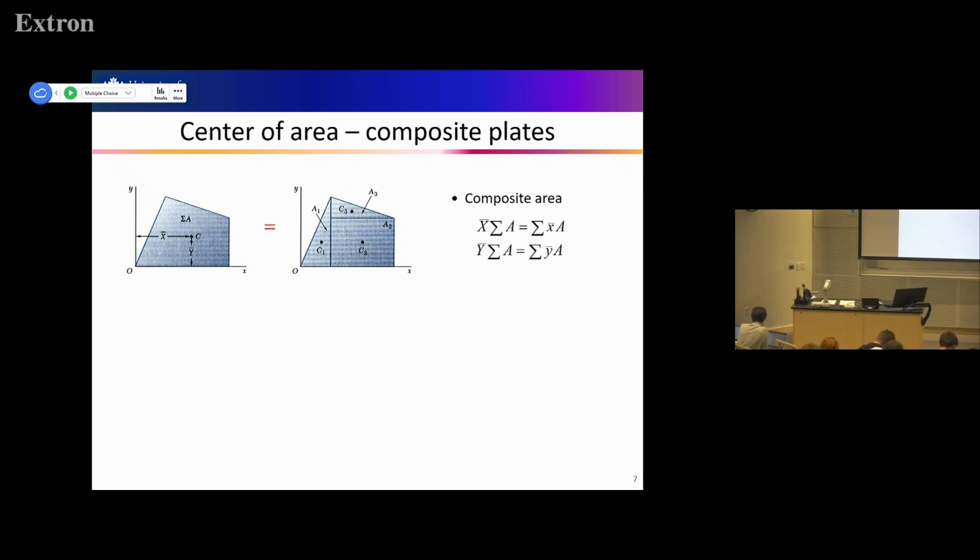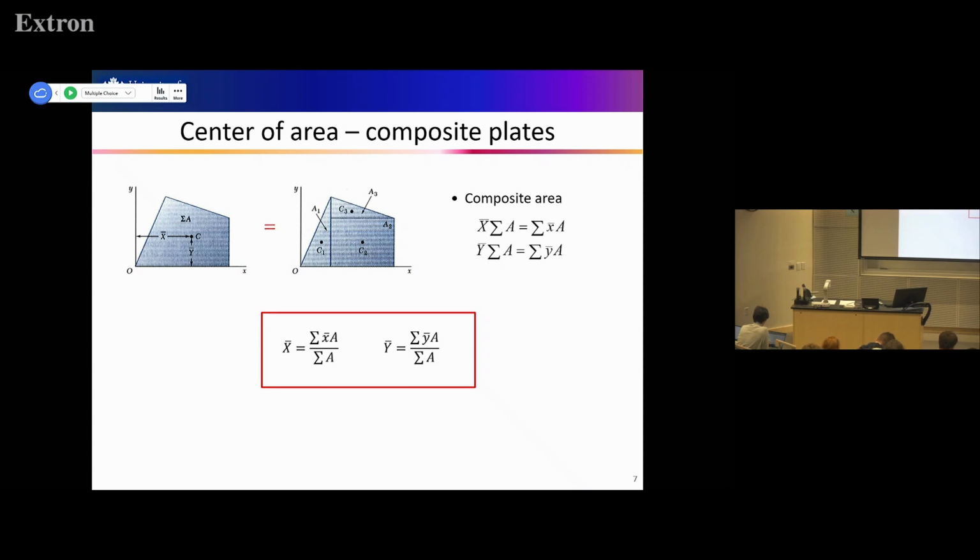So if we have a complex shape, composite shape like this, we basically use divide and conquer. We cut the composite shape into simpler shapes, like 2 triangles and 1 rectangle, and then use this formula, finding X bar and Y bar.